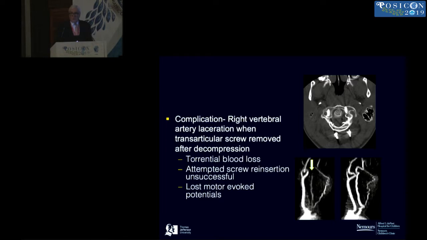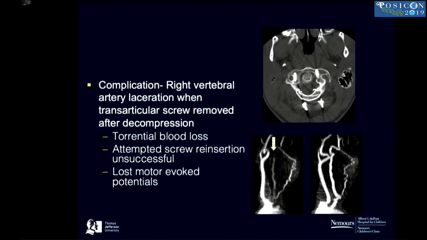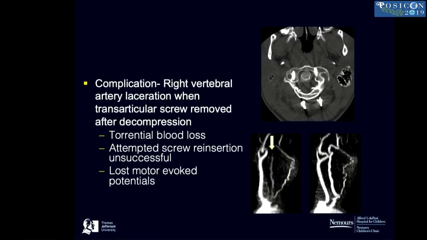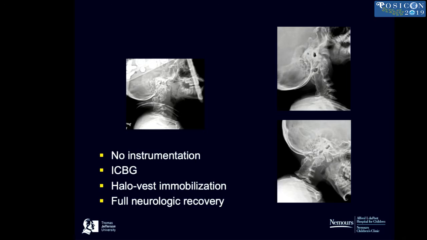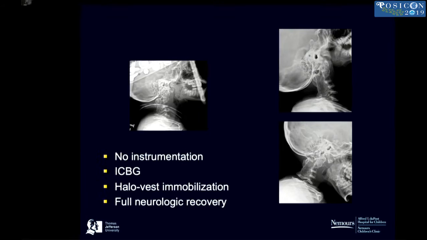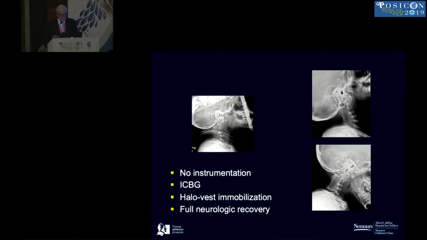Remember that supplies the basilar system, and if it is a dominant vertebral, you will have a problem with the posterior brain. So I was very lucky. And so we ended up doing an onlay fusion, putting the child in a halo, and look at the fusion we got. Too much.